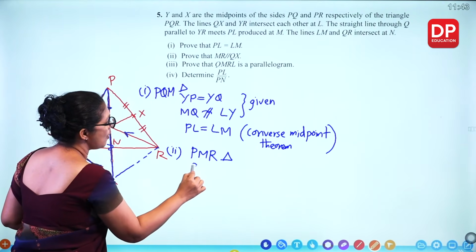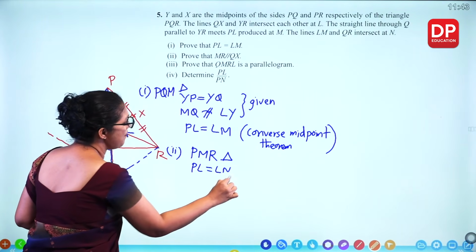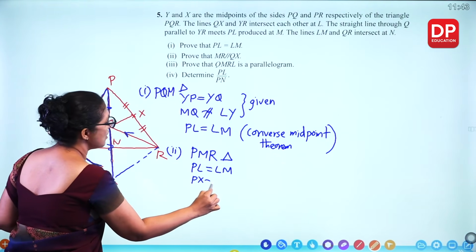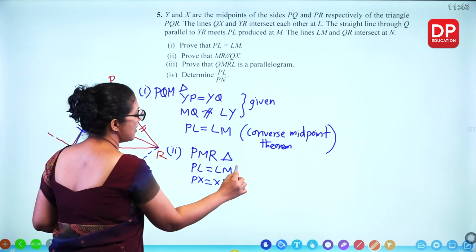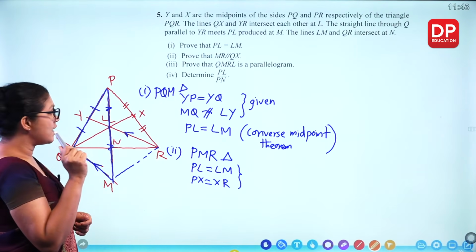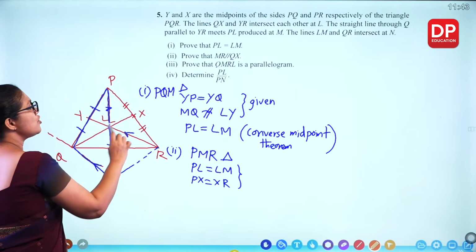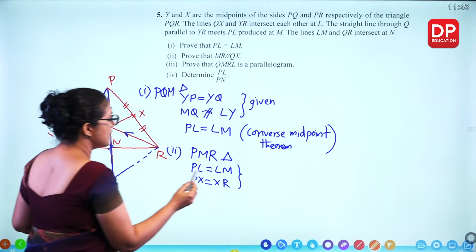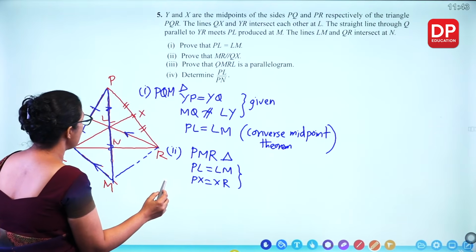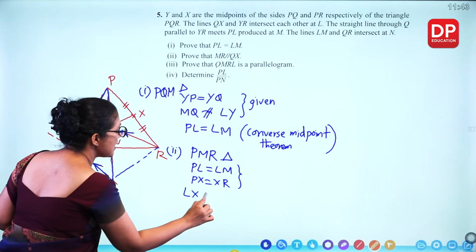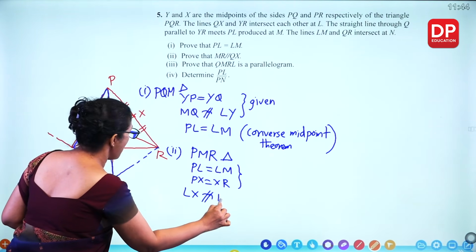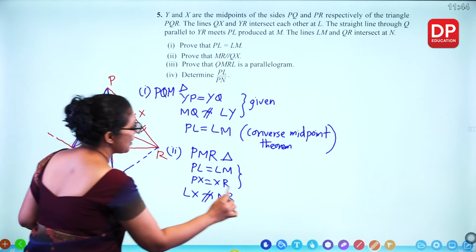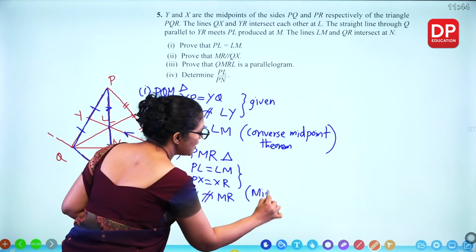So we found out PL equals LM and PX is equal to XR. Now according to midpoint theorem, this is the line joining two midpoints. So we can say straight away LX is parallel to MR because of midpoint theorem.